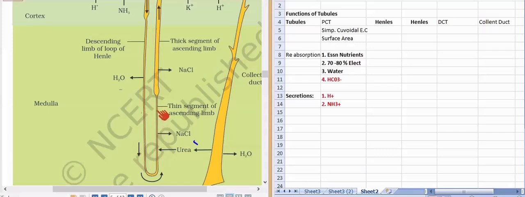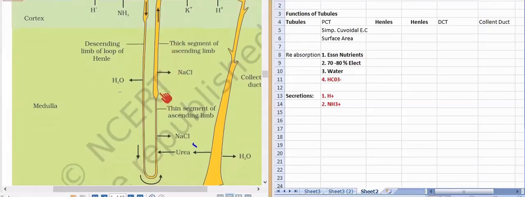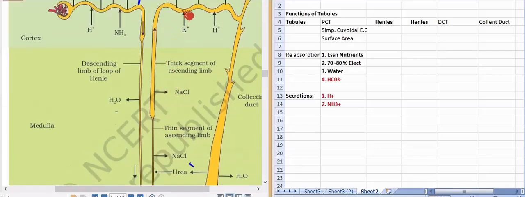While going up here, it will not allow water to go outside, because salts cannot pass easily and to flush them we need water. So here water will not be allowed, it will be retained, and salts will be released somewhat. Here salts will be less and water more. This condition is called diluted, so diluted filtrate will be sent in the case of mammals.